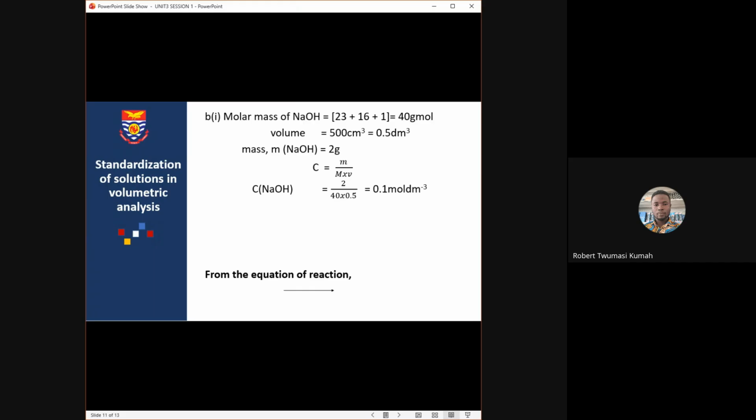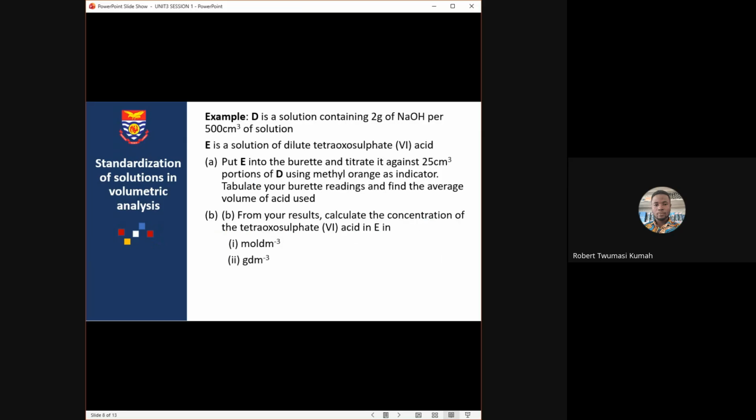It was given to us, even though it wasn't given directly. But if we look at this, the concentration is in here. So indirectly, we've been given concentration. There's a mass concentration here. That is 2 grams per 500 cubic centimeters. It's concentration. So the concentration is known.